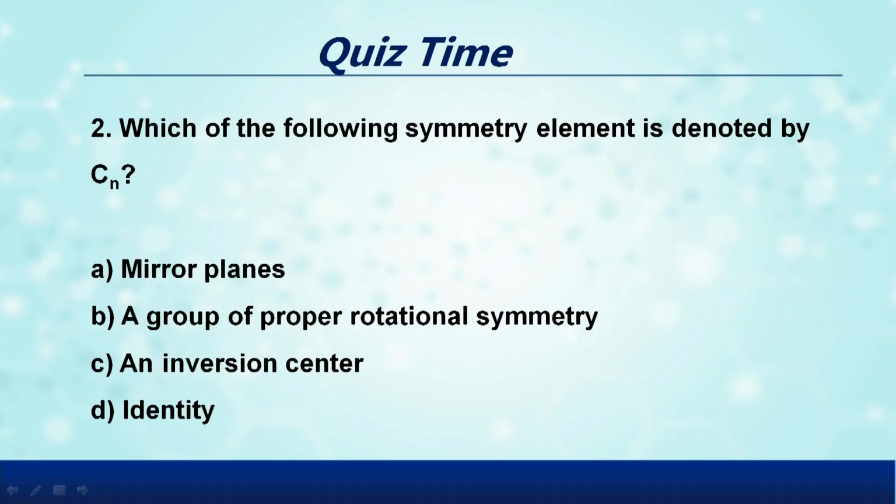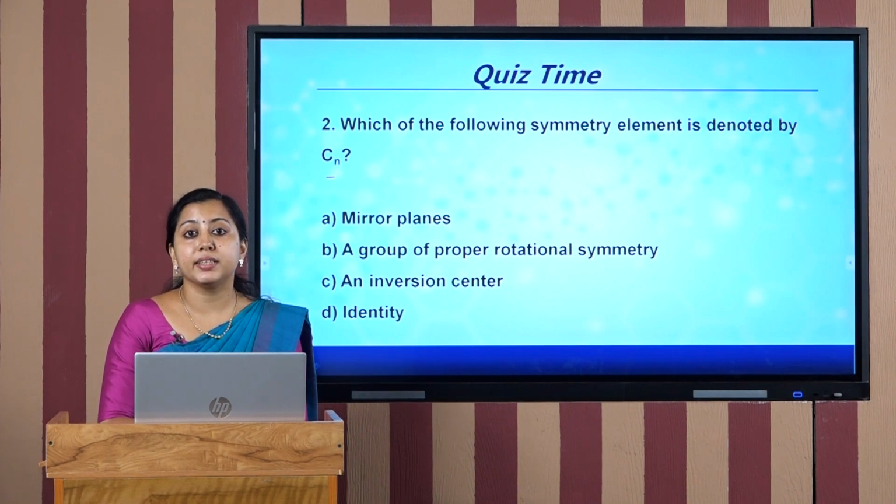Second question, which of the following symmetry elements is denoted by Cn? In the last class, we discussed various elements of symmetry possessed by a crystal.